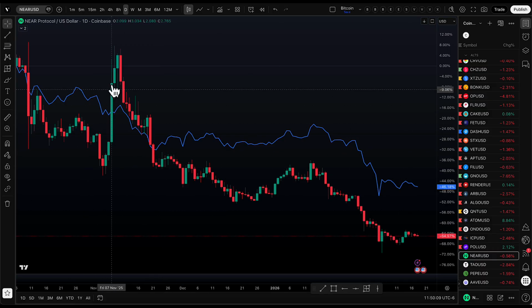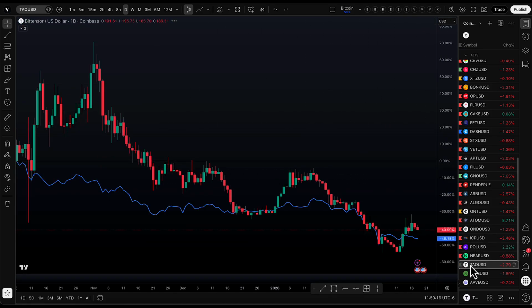Now we can see Near Protocol. Had a nice little run back here, but ever since, no strength on Near. Let's go to Tau. How's Tau looking? Okay, well, above, very nicely back here, above here, above, and even trying to come back up above at the moment. So not too bad.